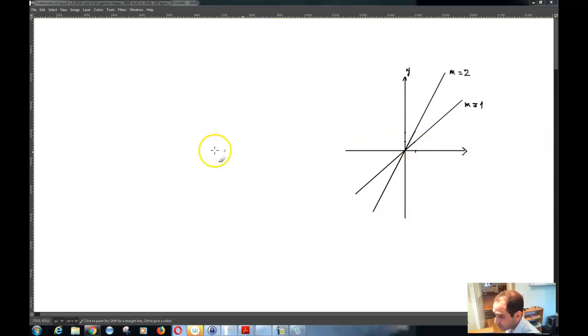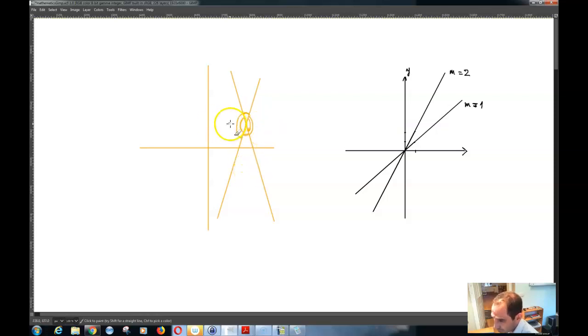Whenever two lines intersect, you have a situation like this. For example, you have these two lines and they intersect at this point, and you always get this acute angle, and you also get this obtuse angle over here. These are vertically opposite angles, their measures are equal.